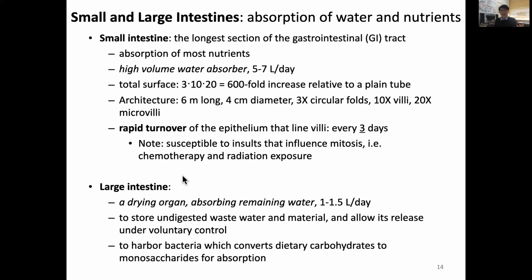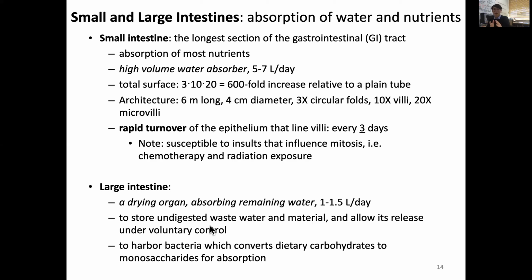In comparison, the large intestine you can call a drying organ because it makes a firmer stool. It absorbs the remaining water, 1 to 1.5 liters per day. It also stores undigested waste material and allows it to be released under our voluntary control when we want to go to the restroom.